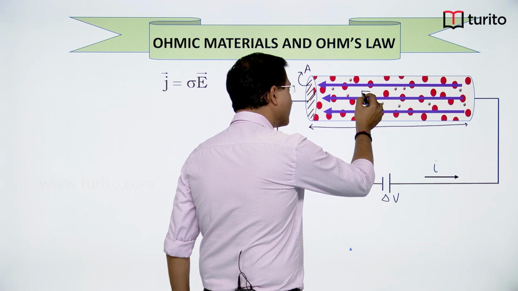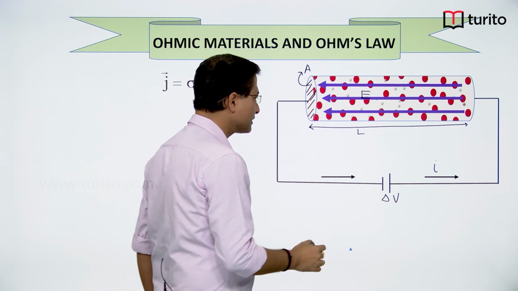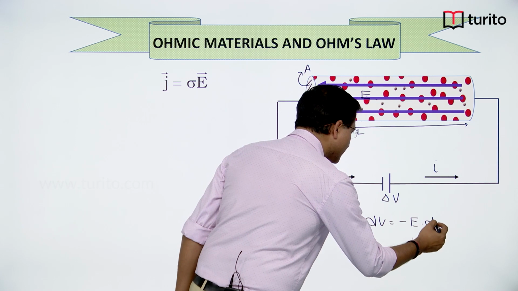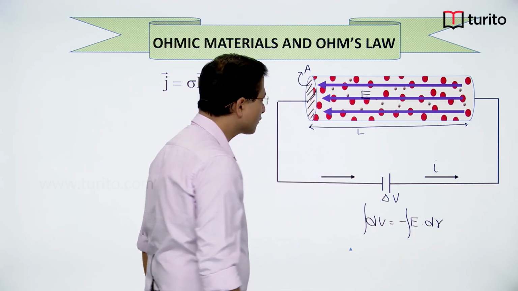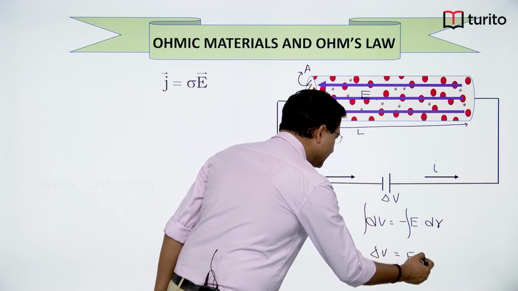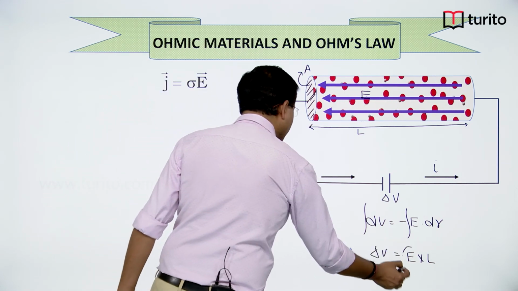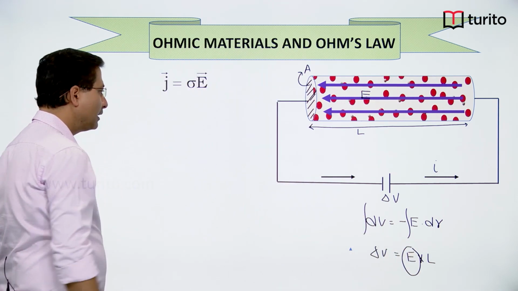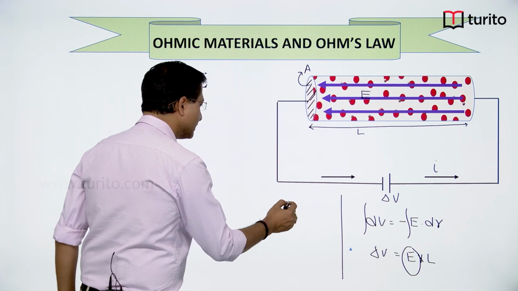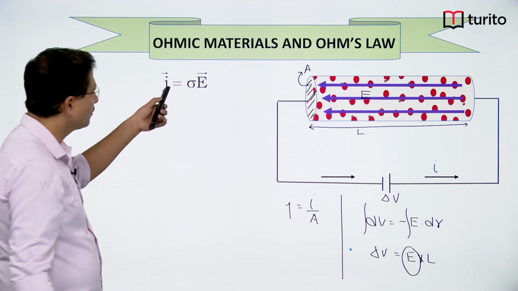So, if I call it E, the value of the field inside, we know that dV is equal to minus E dot dr. So, from here I can write delta V is equal to E into L. So, the value of E I can substitute from here, and this J, current density, is current per unit area, that I can substitute over here.